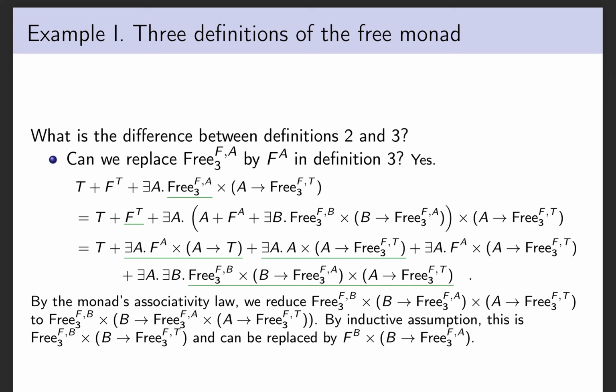So, long story short, the computation is not so easy, but it doesn't take you a week. And once you have done this, you understand definition 3 is actually equivalent to definition 2.